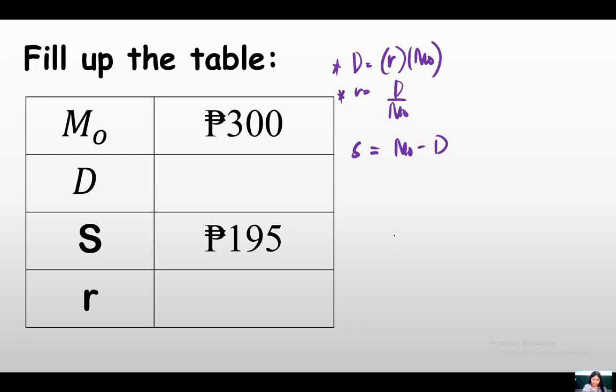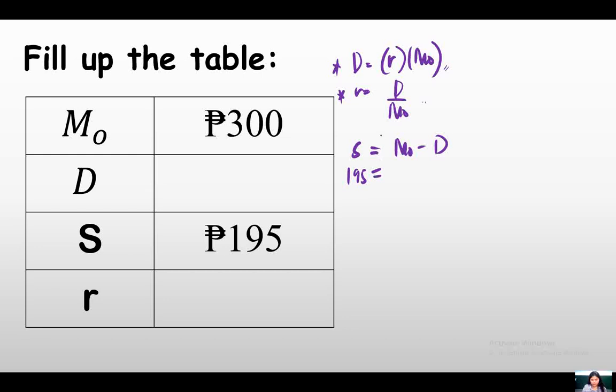We cannot use this because there is a missing value. We cannot calculate this because we don't have the rate. Also, here we don't have the discount. So just use the selling formula. Our selling price is 195 pesos.